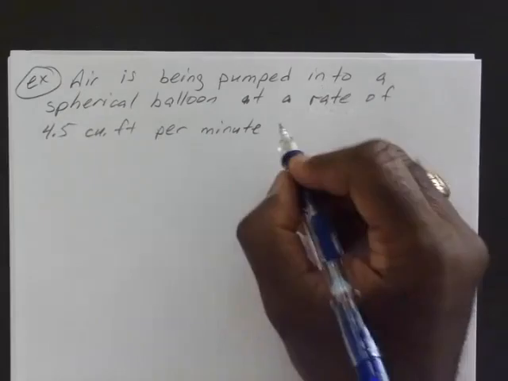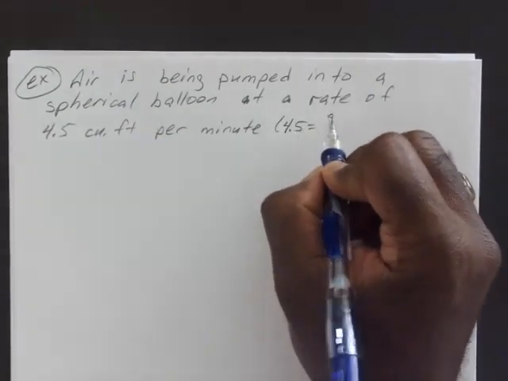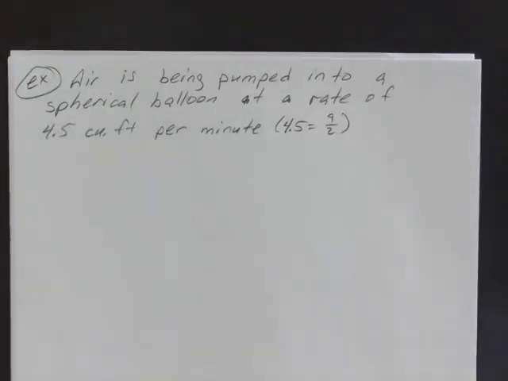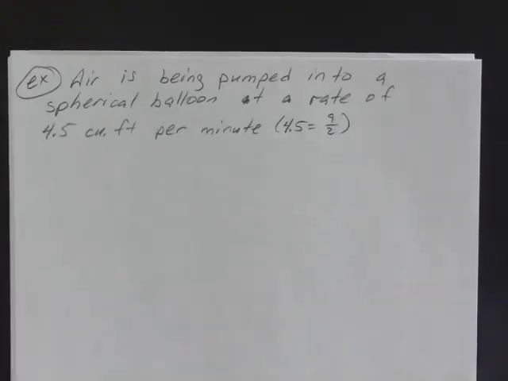And if you wanted to, you could rewrite 4.5 as 9 divided by 2. You don't have to, but sometimes if you're looking for an exact answer, you just convert it to fraction form.